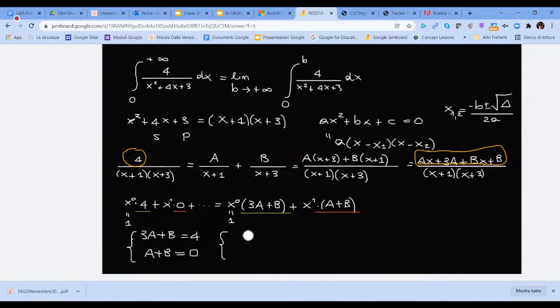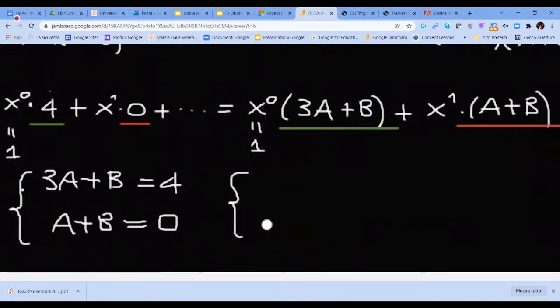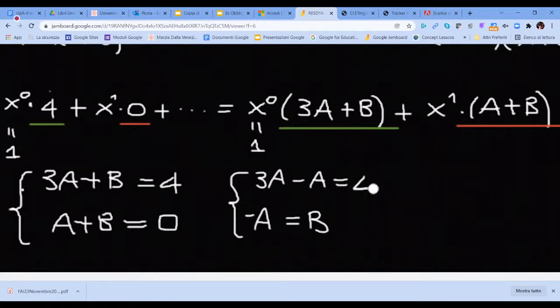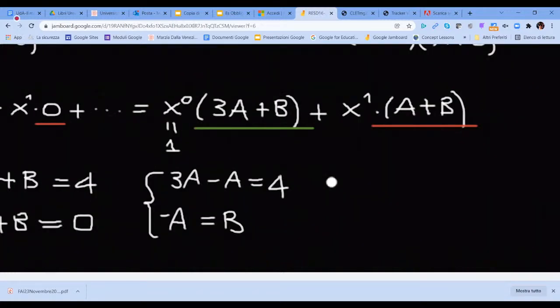So from the second one, we can compute minus a equals minus b, or b equals minus a. It is the same, and we can substitute instead of b minus a on the first equation. And so we obtain 3a minus a is 2a. 2a equals 4.